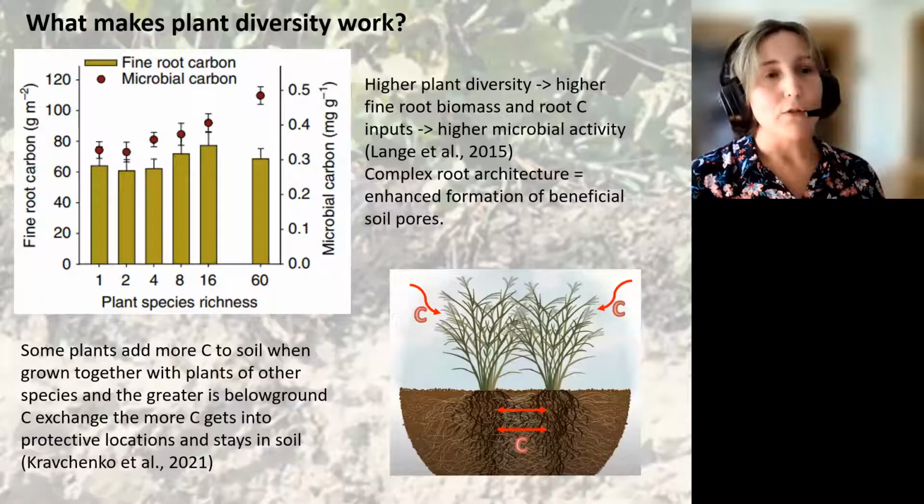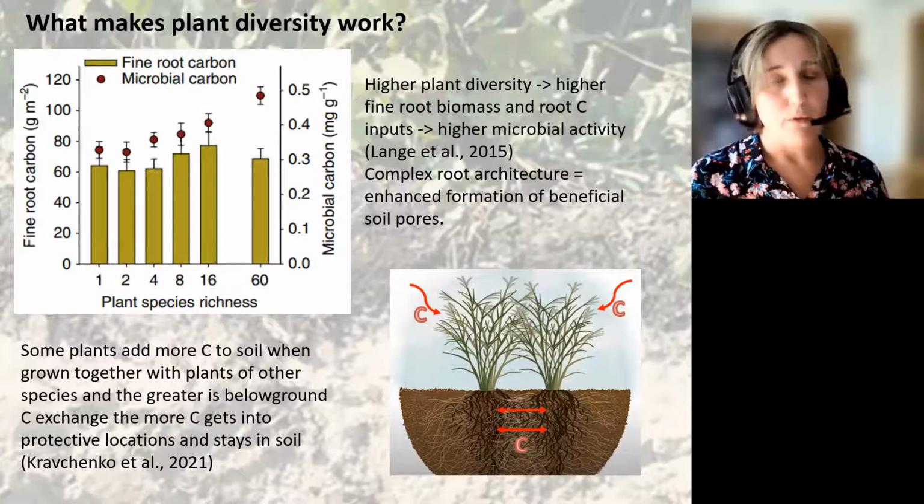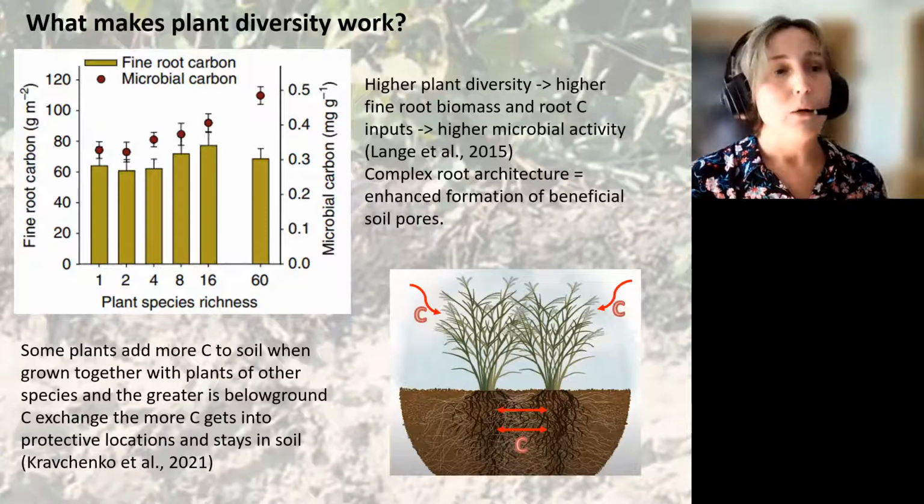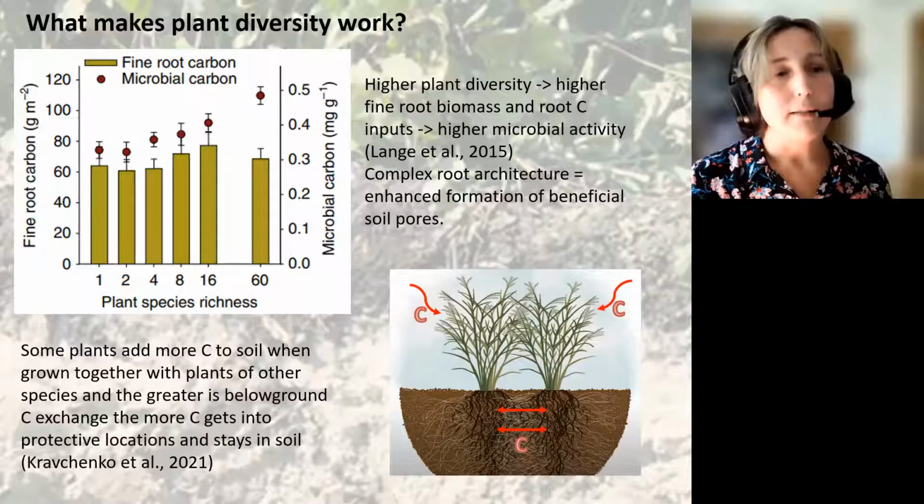The more of such exchange takes place, the more of the exchanged carbon, or carbon on the way to being exchanged, is actually lost in the soil, contributing to soil carbon gains.